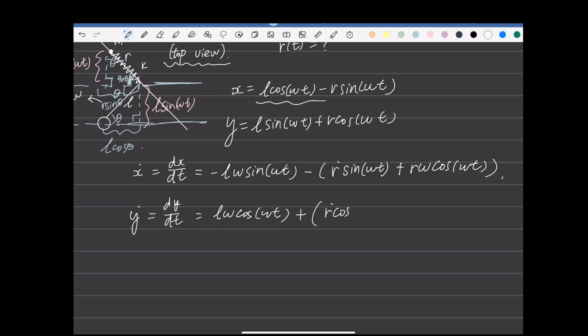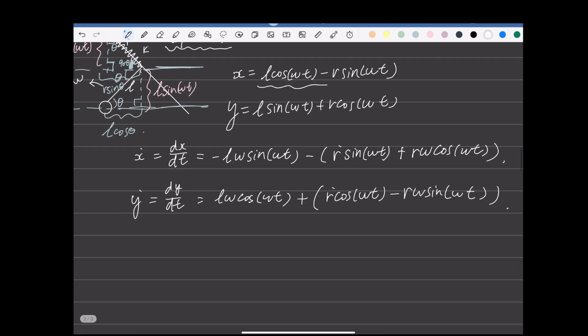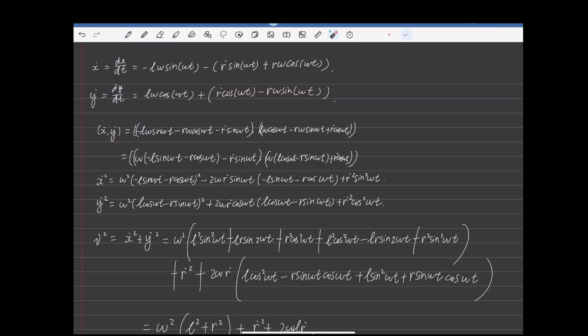So r dot cosine omega t, and then minus, since the derivative of cosine is negative sine, minus r omega sine omega t, right? And so now we've obtained the expressions for x dot and y dot.